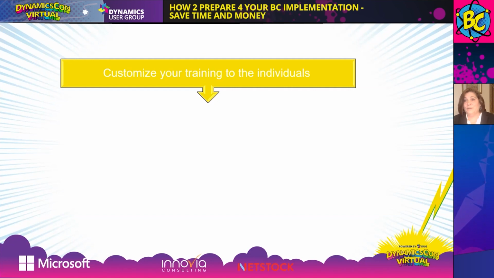Others are somewhere in between there. They need both. Some people are that, show me, let me do it, and then I'll teach someone else to do it. And then I've got it locked in. So customize those trainings. Make sure you have all the different elements to adapt to what each person needs so that they can be successful within the ERP and within their training.